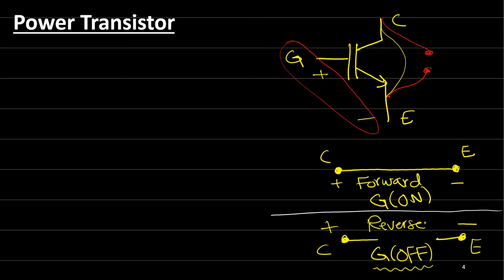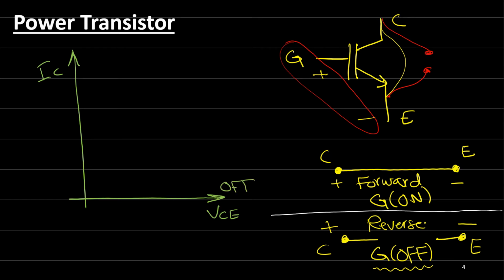Let's draw the characteristic curve for this transistor. Here is the VCE voltage, and here we have the IC current. When the transistor is off, we consider nothing happening here, open circuit.